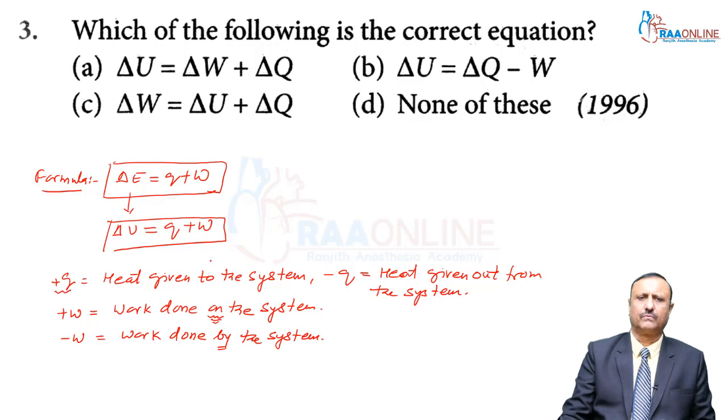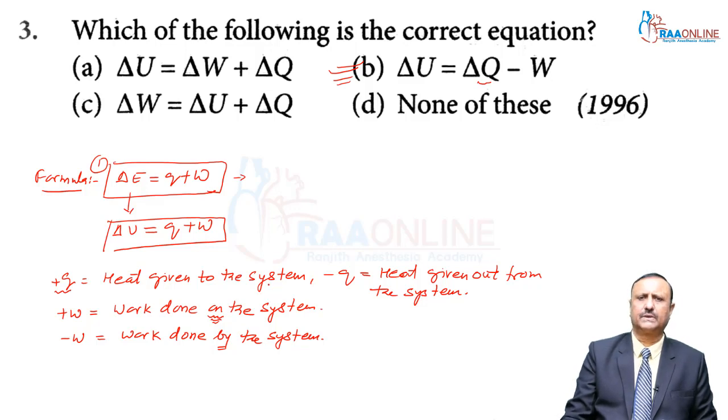So, my dear students, the formula is the first law of thermodynamics. In question number 3, you can see here delta U is equal to Q minus W. It may be the correct equation. Why? Here plus Q means heat given to the system, and minus W means work done by the system.